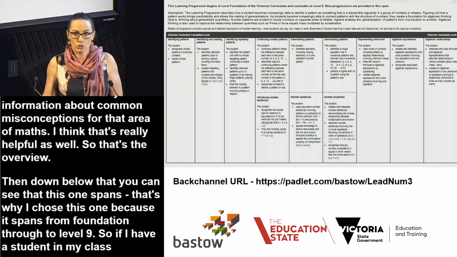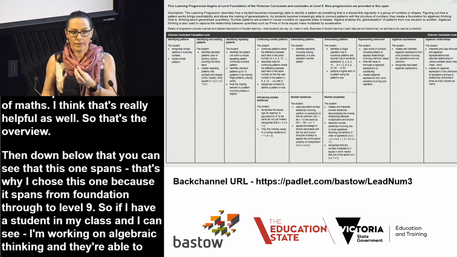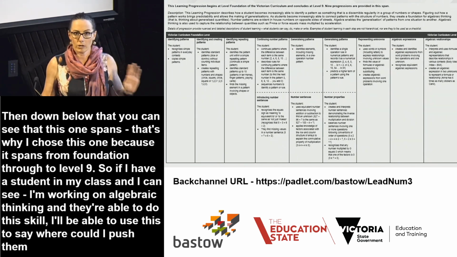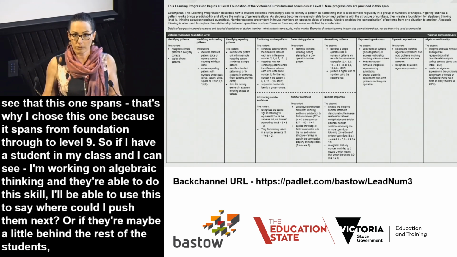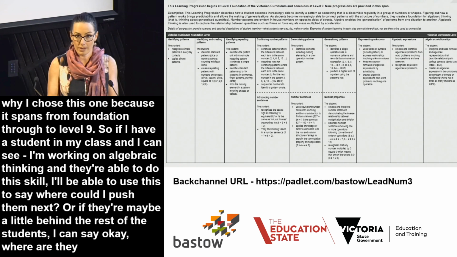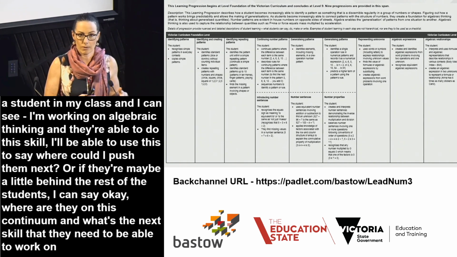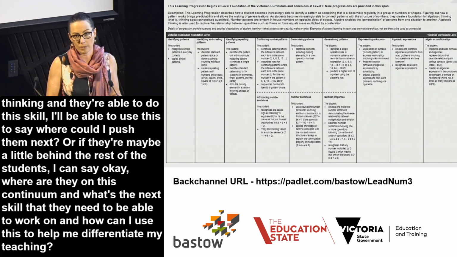If I have a student in my class working on algebraic thinking and they're able to do this skill, I can use this to say, where could I push them next? Or if they're a little bit behind the rest of the students, where are they on this continuum, and what's the next skill they need to work on? How can I use this to help me differentiate my teaching?